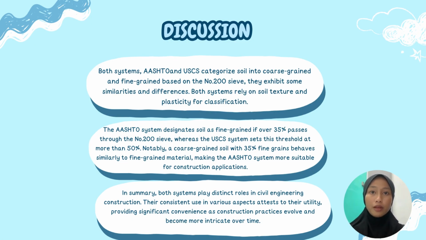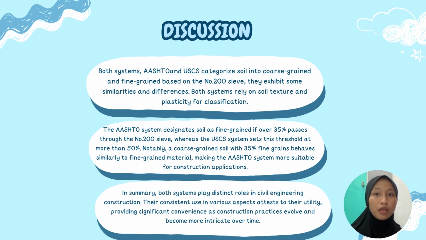Okay, for the discussion, both the AASHTO system and USCS categorize soil into coarse-grained and fine-grained based on the number 200 sieve. They exhibit some similarities and differences. Both systems rely on soil texture and plasticity for classification. The AASHTO system designates soil as fine-grained if over 35% passes through the number 200 sieve, whereas the USCS sets this threshold at more than 50%.